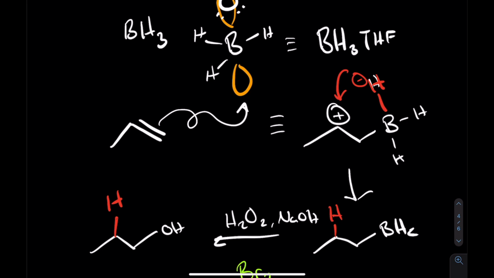So it turns out that boron likes to add its hydride to the exact same side of the double bond that it is on.